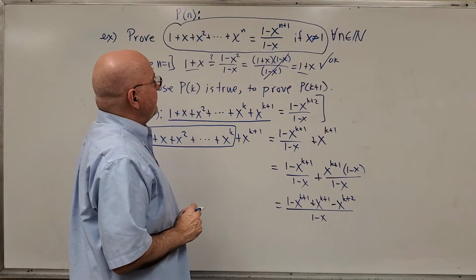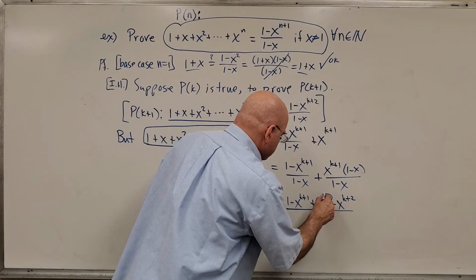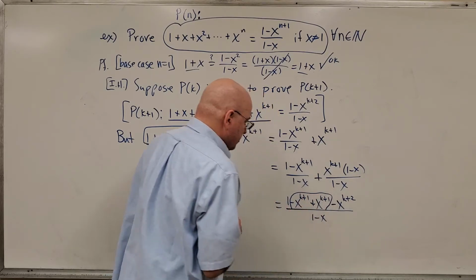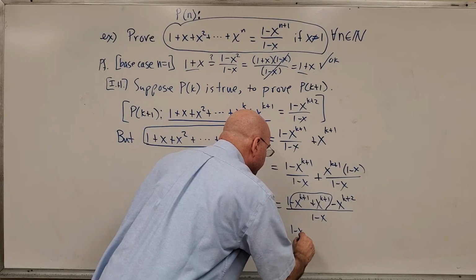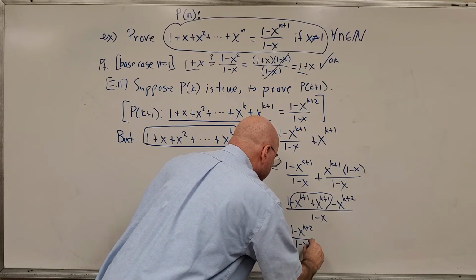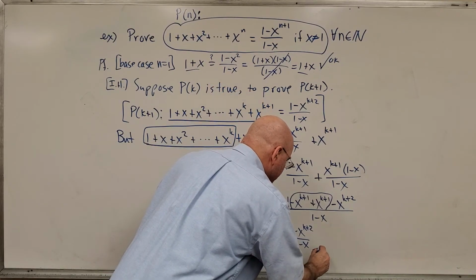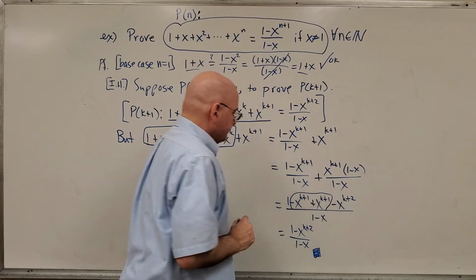And I think we're just about where we need to be. These two terms are equal to 0, so we get exactly what we're looking for. And that completes the proof. Simple.